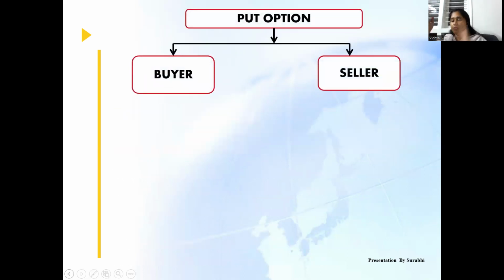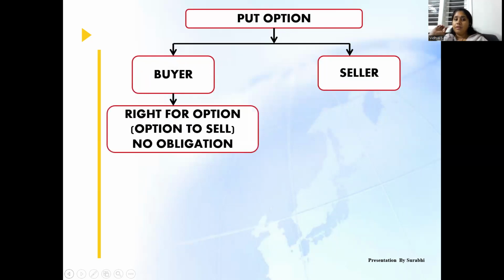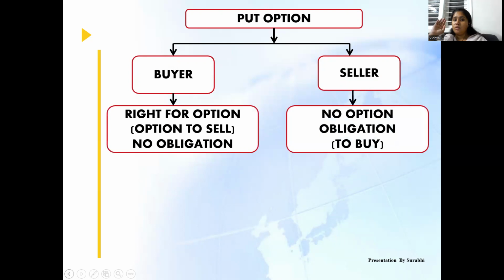Now coming to put option. With a call option, though the price increases, you have no other option, you have to give for the same price because you're obligated. When it comes to a put option, it is a right for the option to sell, no obligation to buy.